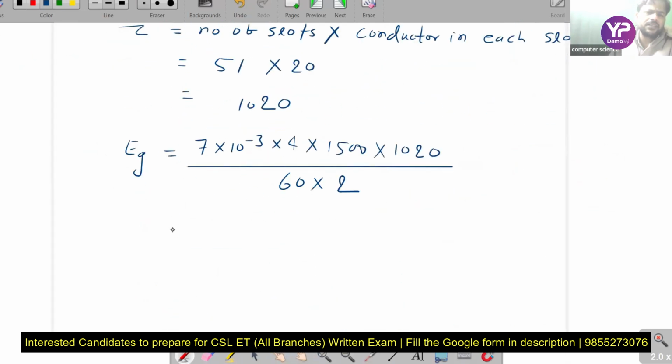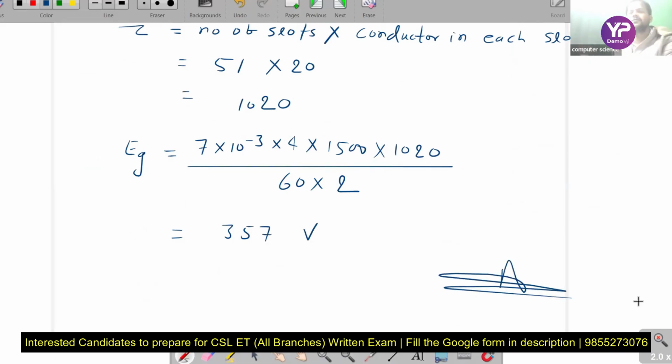When we simplify this, the value of generated EMF is 357 volt.